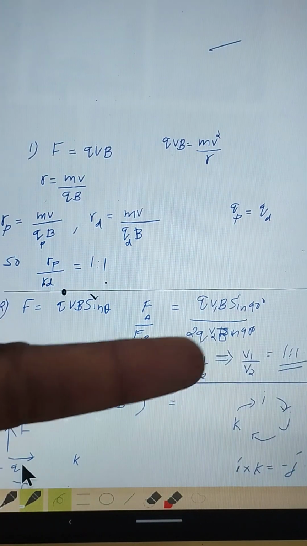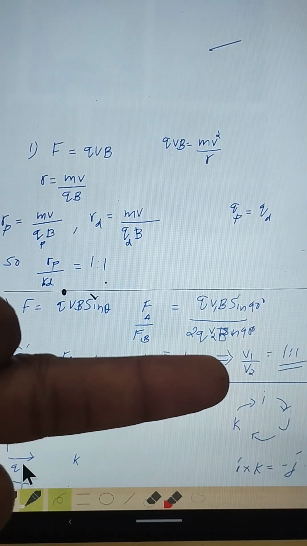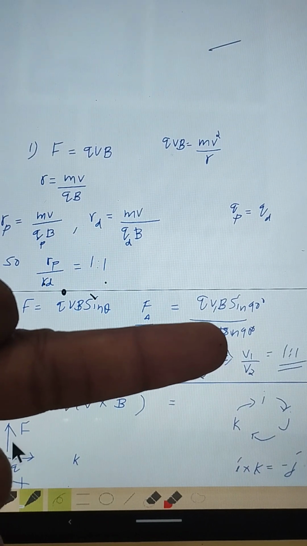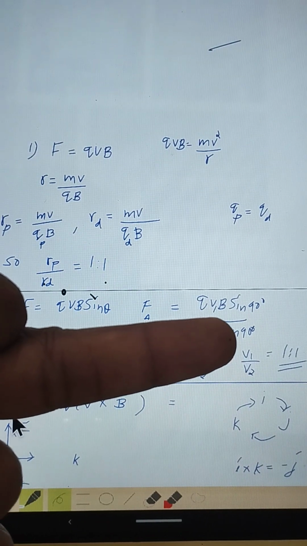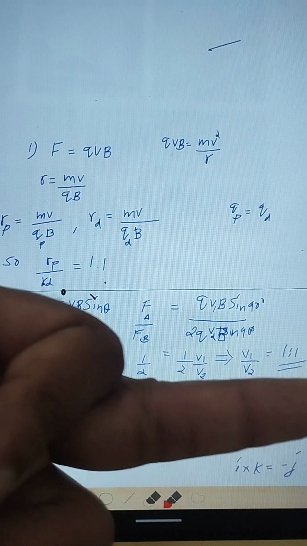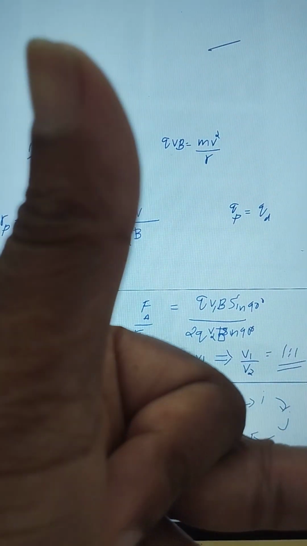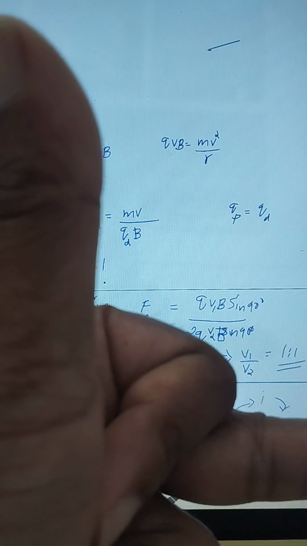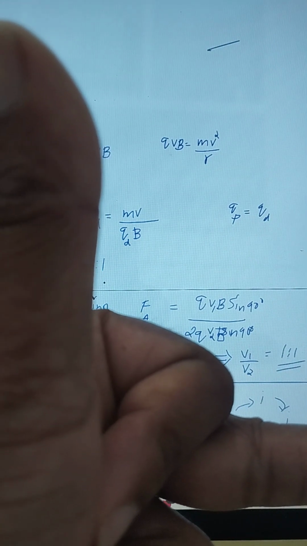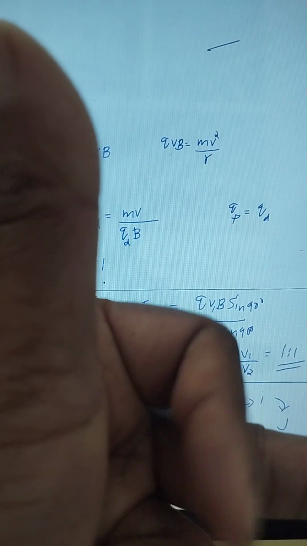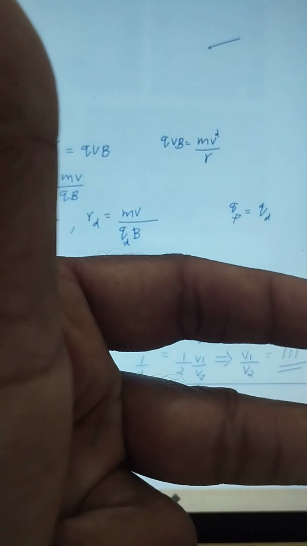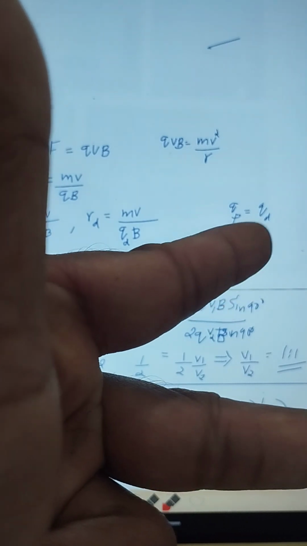The middle finger points along the current, and the force is along the positive y direction, so the thumb is aligned along the positive y direction. Next comes the index finger, the pointing finger, and these three fingers should be held mutually perpendicular to each other.